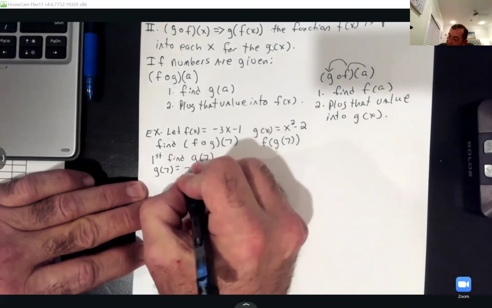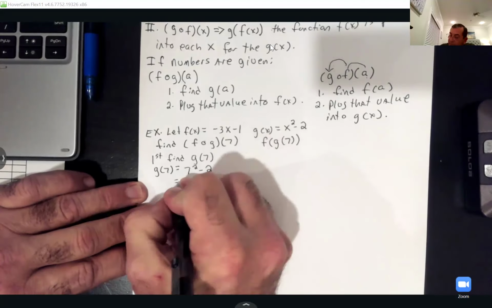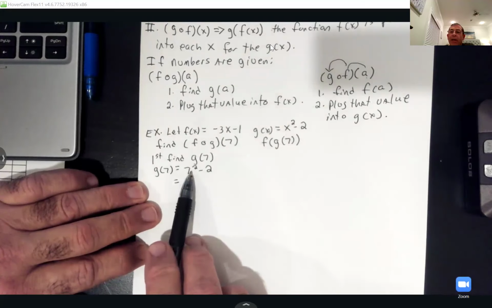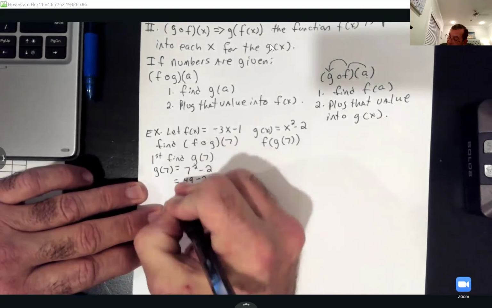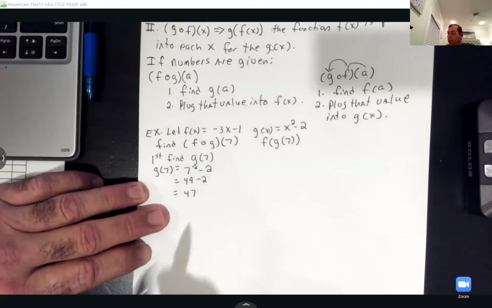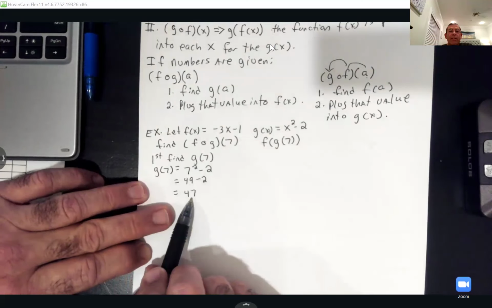So that'll give me 7 squared minus 2. Working that, following order of operations, I'm going to do the exponent first. So 7 times 7 gives me 49 minus 2, which gives us 47. So g of 7 is 47.